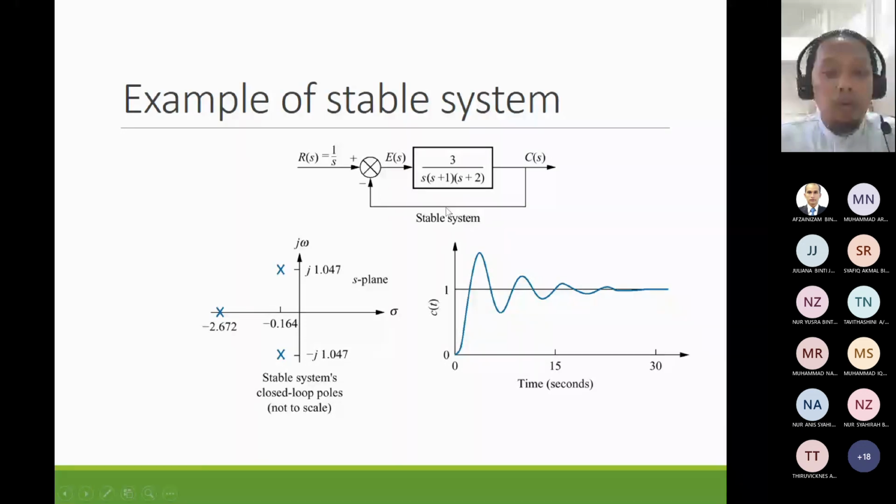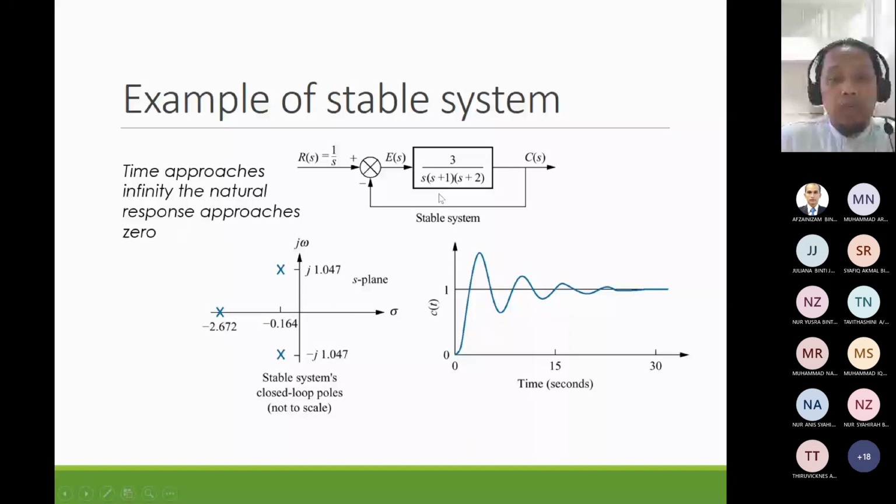When the time approaches infinity, the natural response approaches 0. Before we can determine whether the system is stable or not, we can determine the poles from the transfer function. From this forward transfer function, there are 3 poles.